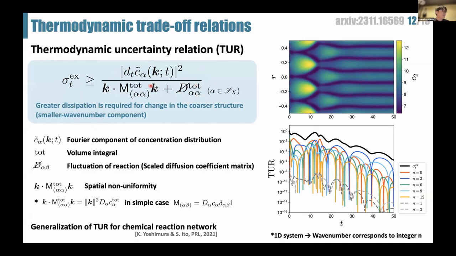However, the first term depends on the wave number, and in a simple case, this term reduces to this form, and if the wave number is larger, this denominator becomes larger. So this trade-off relation means that we need more dissipation to change the coarser structure, which corresponds to smaller wave number components.